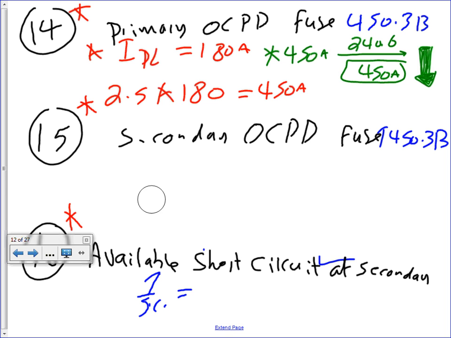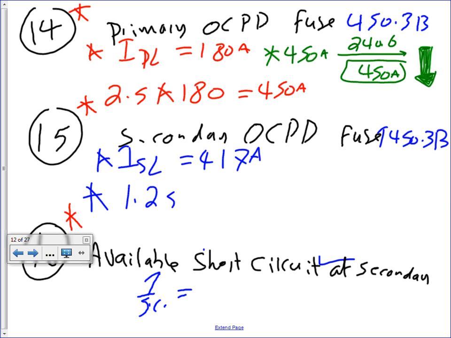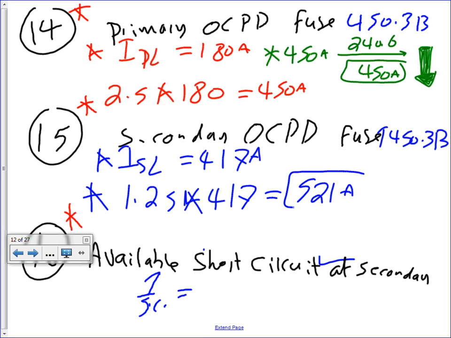The current that I have, I secondary line, was 417 amps. Then what do I need to do? I need to multiply this one by, what's my multiplier? We said 1.25. 1.25 times 417 will give you a healthy 521 amps.